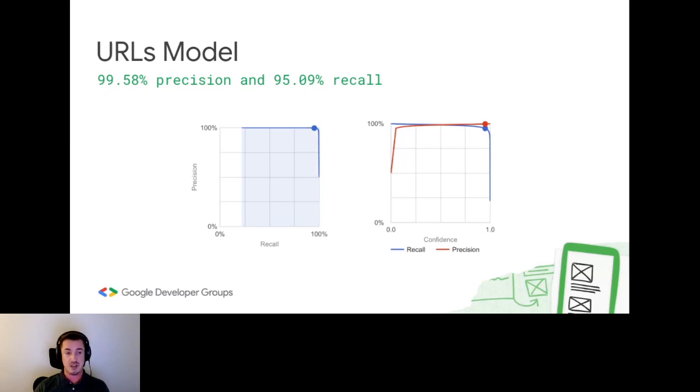Looking at the precision, we have almost 99.58%, so the AutoML model is confident we will get a lot fewer false positives. Precision indicates the percentage of times the model predicted the positive class correctly, where the true positives are divided by the sum of the true positives and the false positives. And recall is how effective a classifier is at determining the correct class for the training data set.